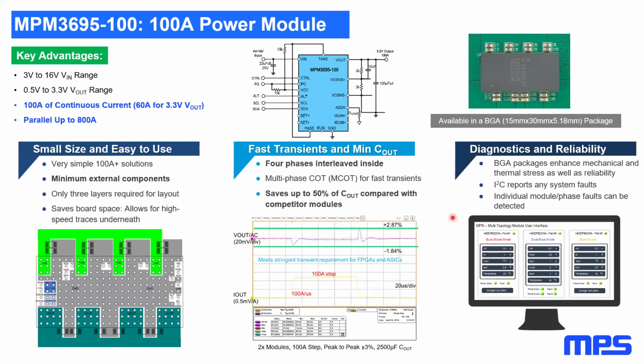This allows us to very quickly trim and modify parameters such as the output voltage, the switching frequency, or certain protections, as well as monitor the output current, the output voltage, and the temperature of our modules, which is very important in critical rails such as the core power rails of an FPGA.